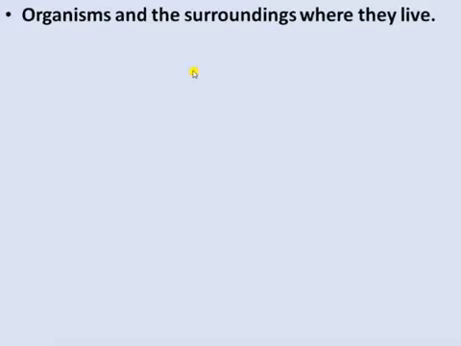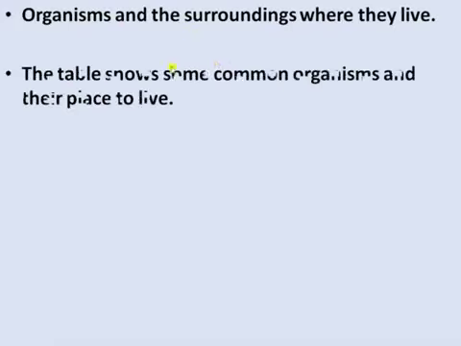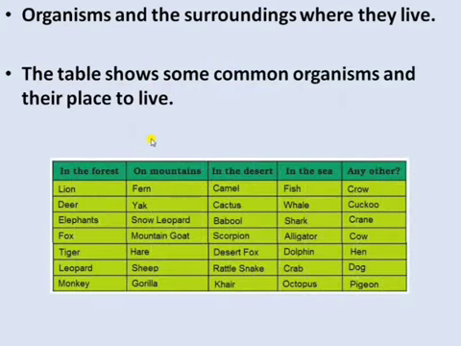Next is about the organism and the surroundings where they live. The table shows some common organisms and their places to live, the organism and their habitat. In the forest region, the organisms that live here are lion, deer, elephant, fox, tiger, leopard, and monkey.